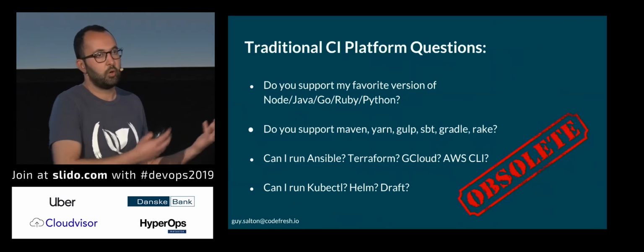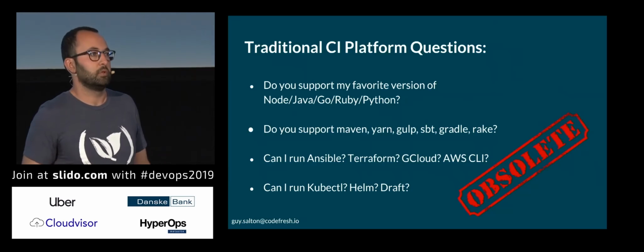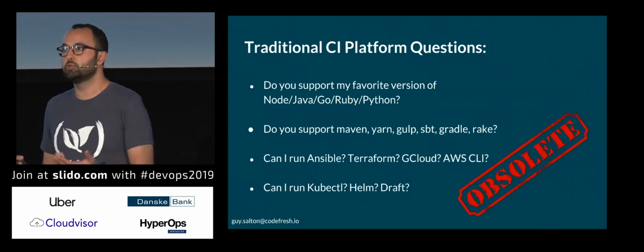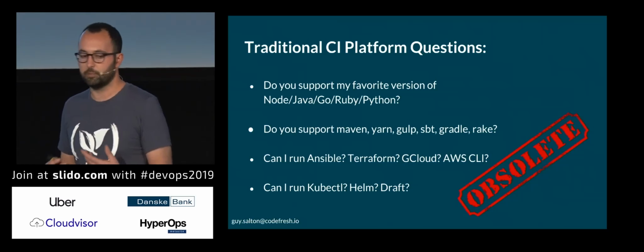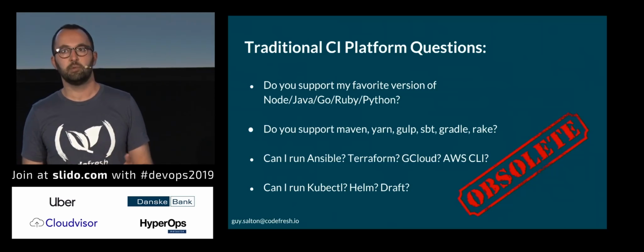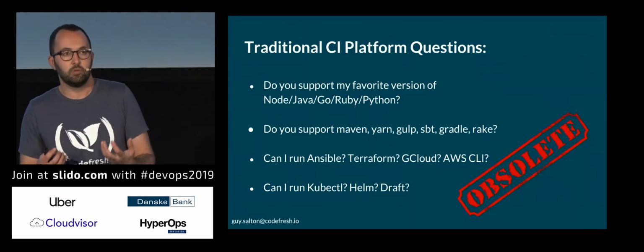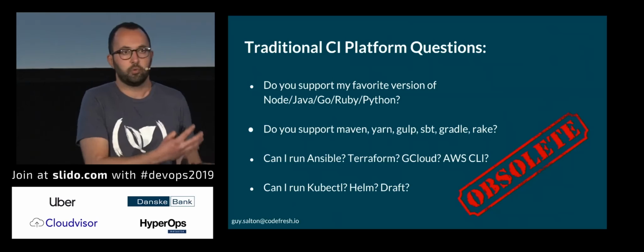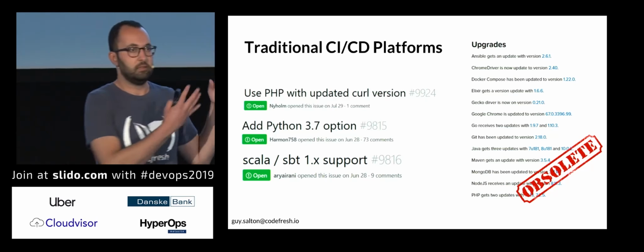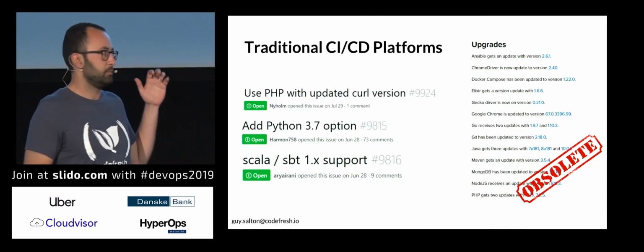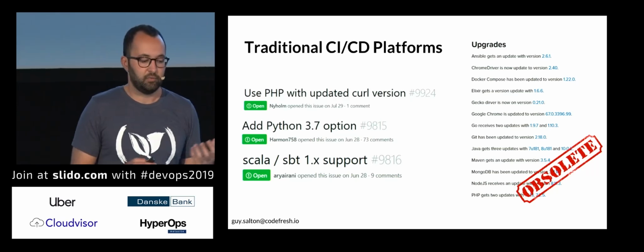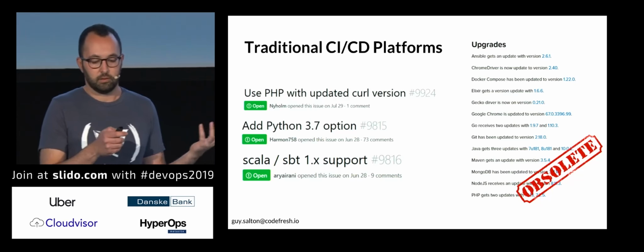So with this approach, developers obviously ask, what tools does your platform support? Do you support Node or Java? Do you support Ansible? They're used to asking their operator to add tools and opening tickets, and this is a real problem. This is a screenshot of a real VM-based CI/CD platform where you see tickets that real users opened.